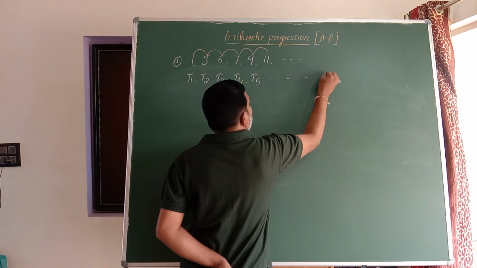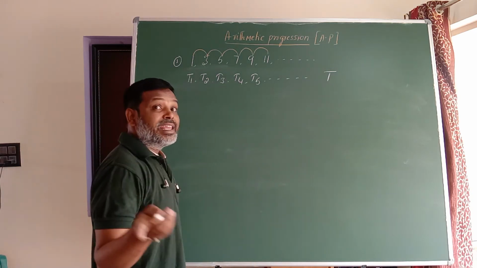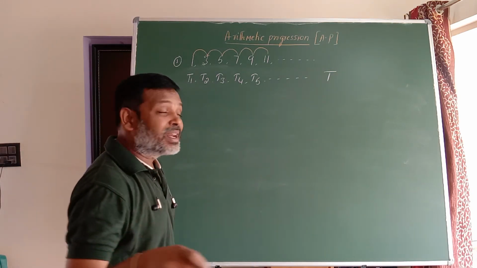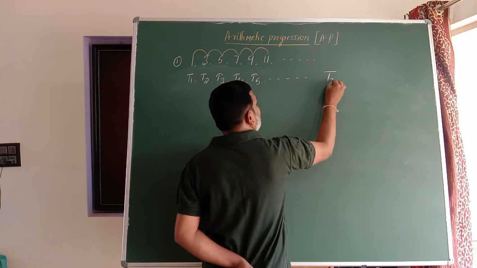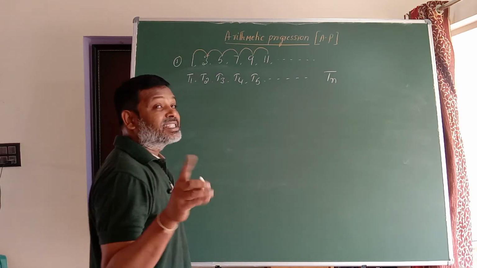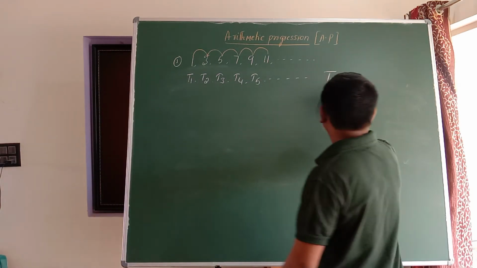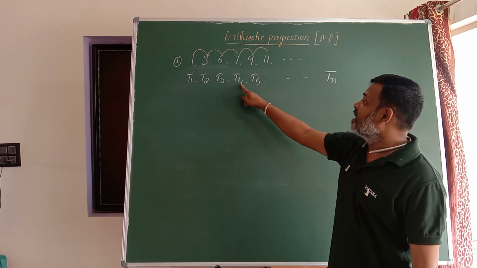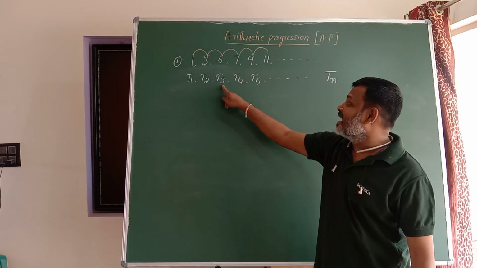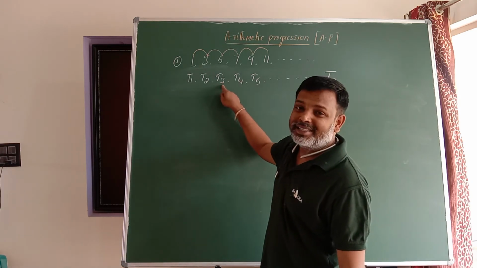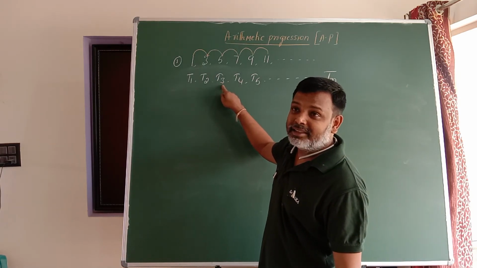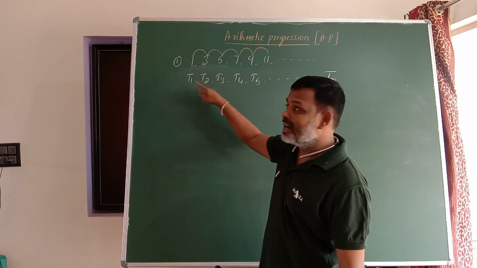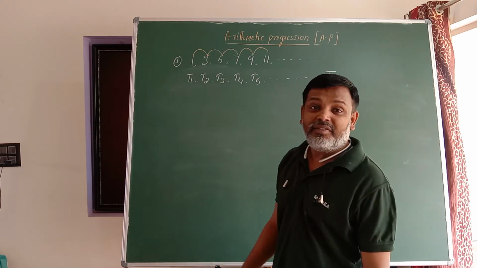So on, the last term or nth term or general term is denoted by, as usual, Tn. T indicates term, Tn indicates nth term, T5 indicates fifth term, T4 indicates the fourth term. What is T3? T3 indicates the third term, T2 indicates the second term, whereas T1 indicates the first term.